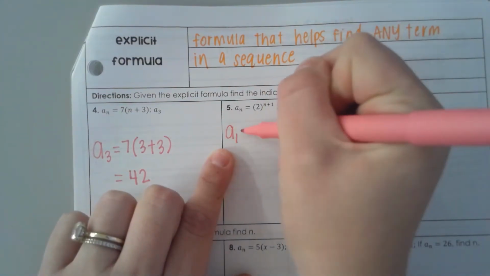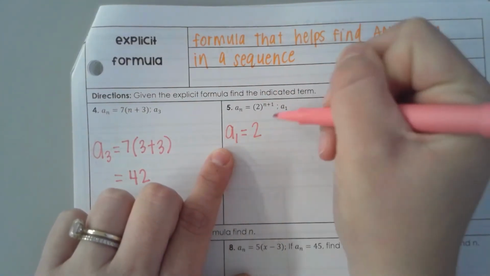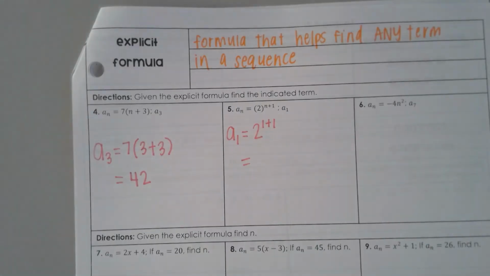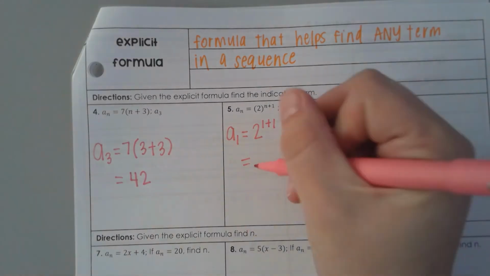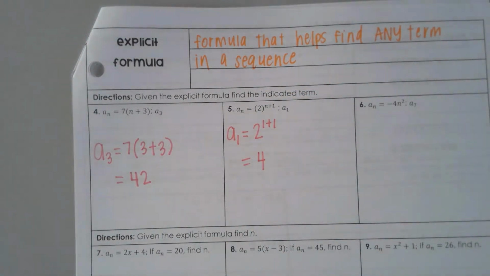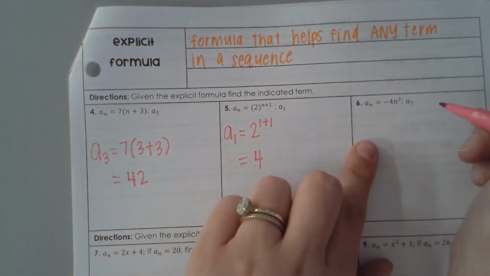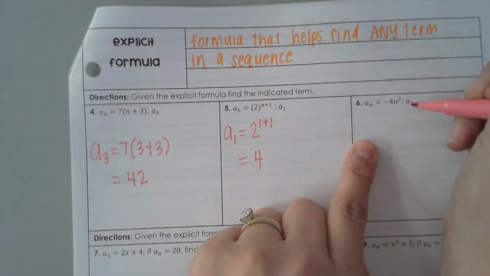So A1, that would be 2 to the second power, which is 4. And then number 6, I'm finding the 7th term.